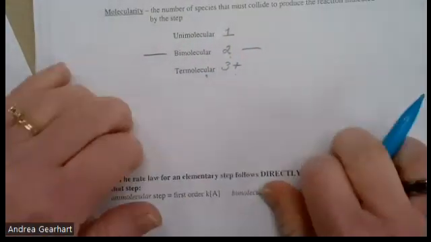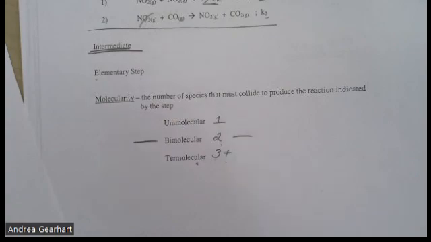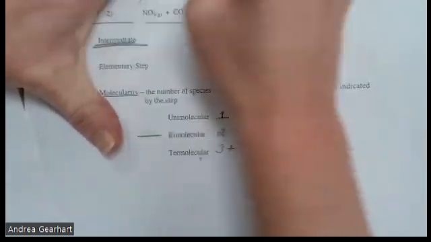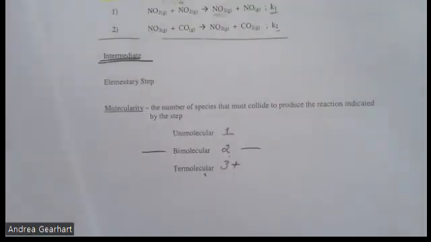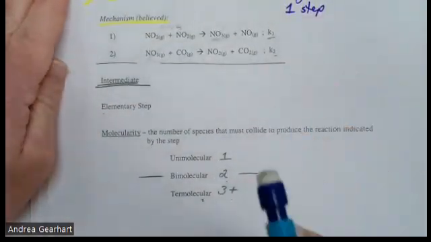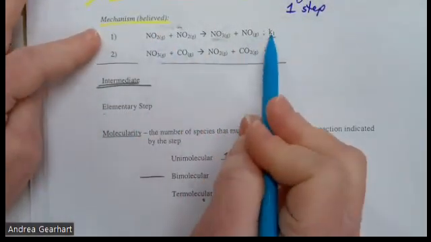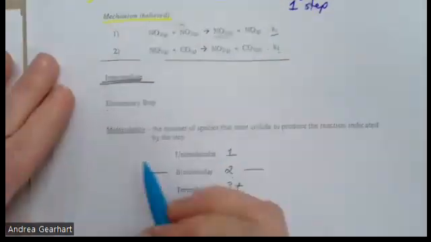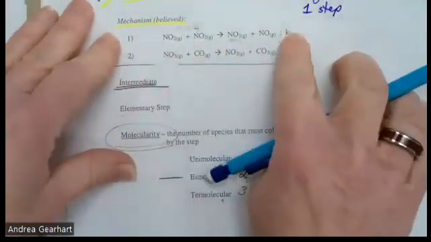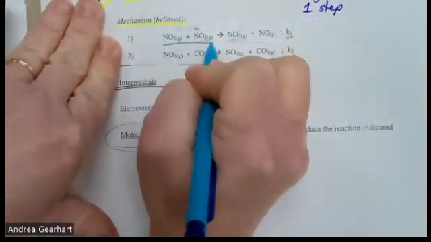Okay, something that is quite nice. I'm just going to go ahead and erase these little marks that I made. The rate law of the elementary step comes from the molecularity, or in other words, comes from the balanced equation's reactants.